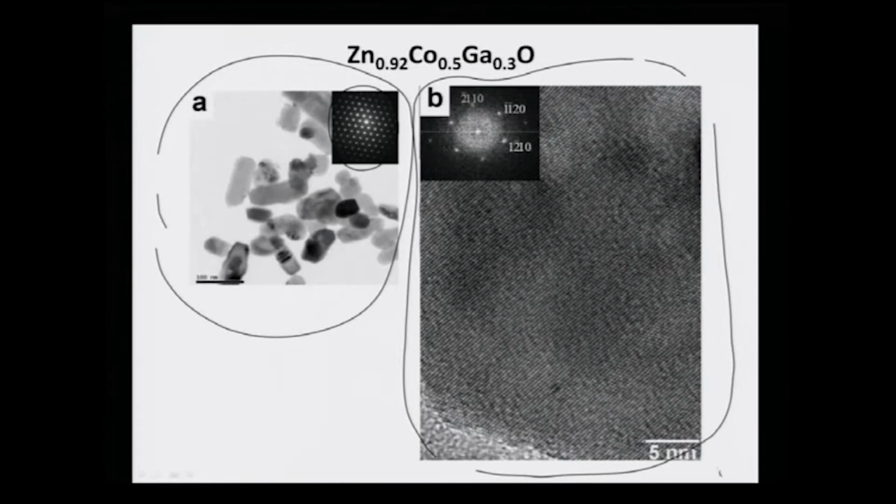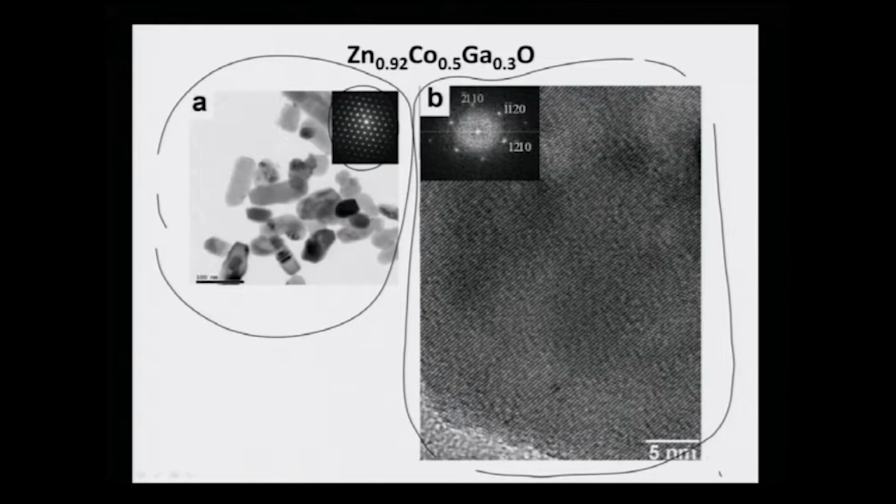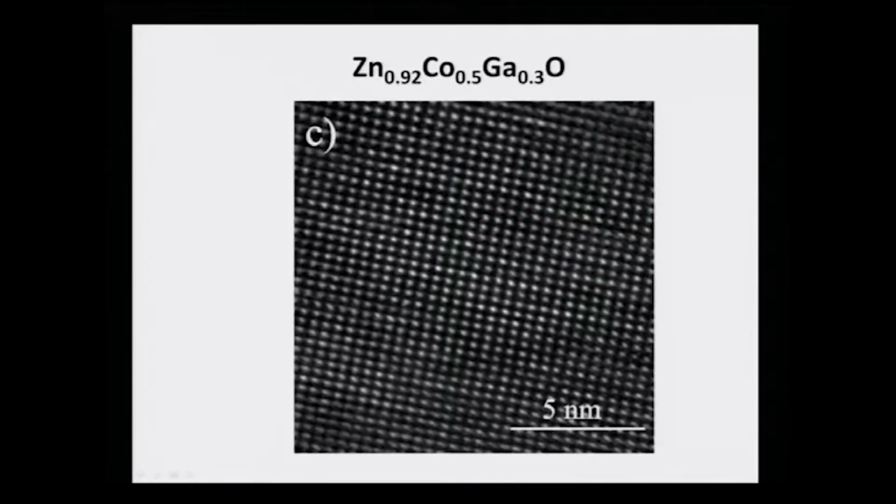The next one is a picture of the same crystal shown as bright dots. In the last picture you saw the lattice fringes, the different lines showing the columns of atoms. Here you can see white and black dots as the signature of columns of atoms. We do not know which atom stands for which particular element, but we can clearly see the atoms very nicely.